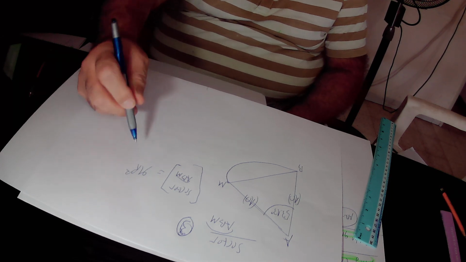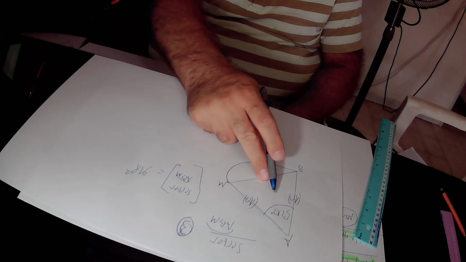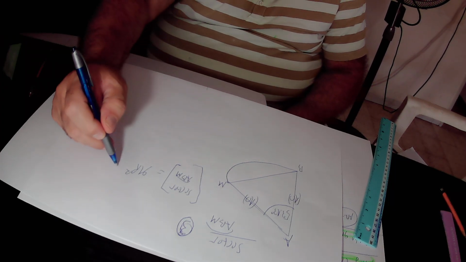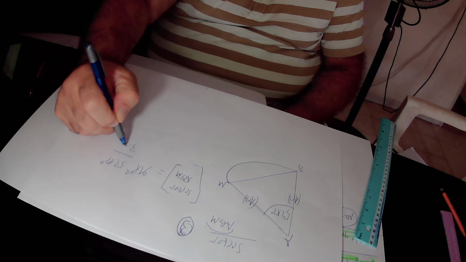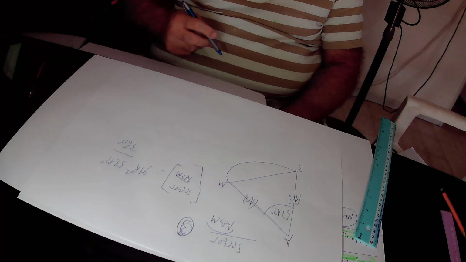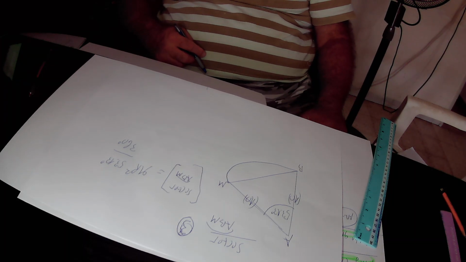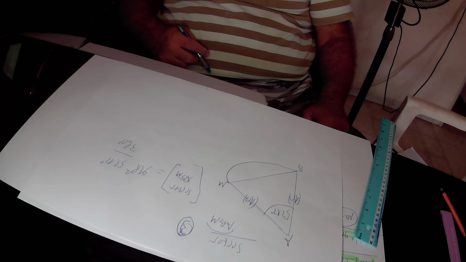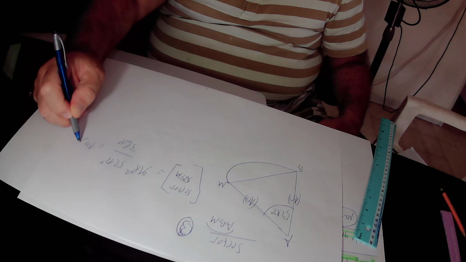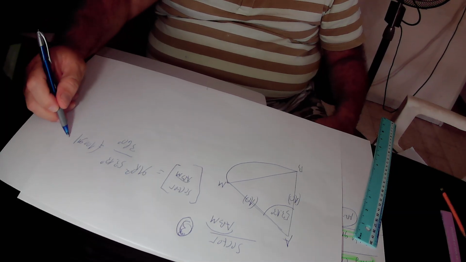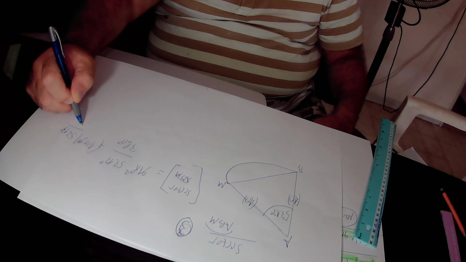R is the radius of the quarter circle, that is equal to 10, times the angle between the legs of the sector, that is 53.13 degrees, over 360 degrees. R is 10, therefore r squared is 10 squared, that is 100, so pi r squared is 100 pi, times 53.13 degrees over 360 degrees.